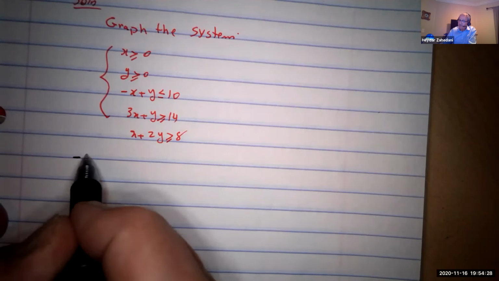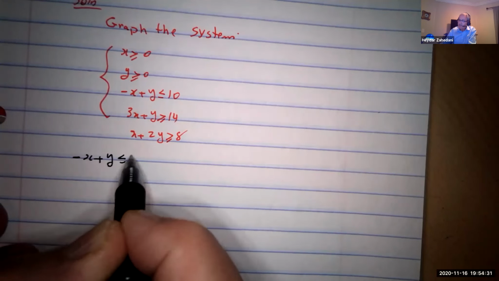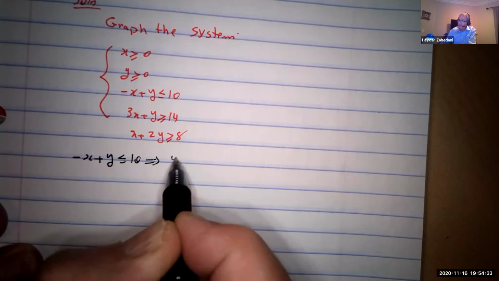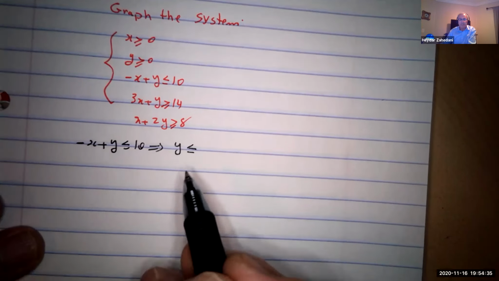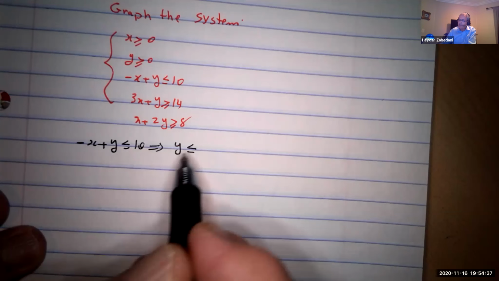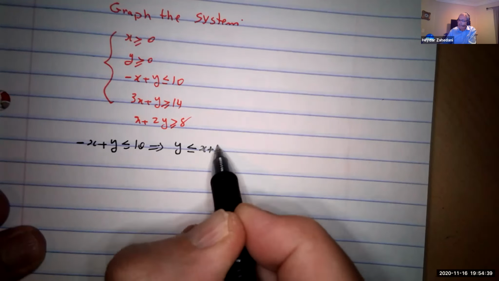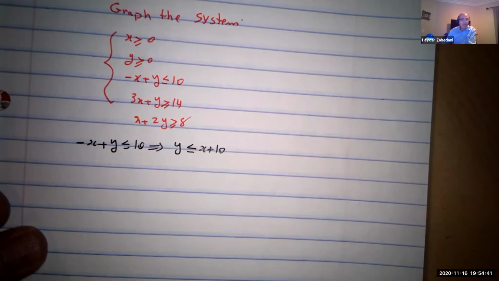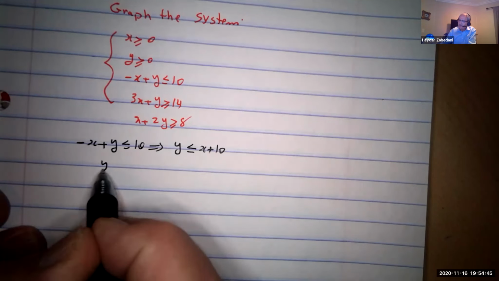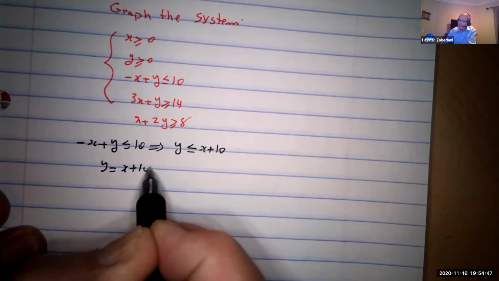We know that we are going to be in the first quadrant. So we start with this line, negative x plus y less than or equal to 10. We solve for y so that we know which region is in question. That gives you y less than or equal to x plus 10.